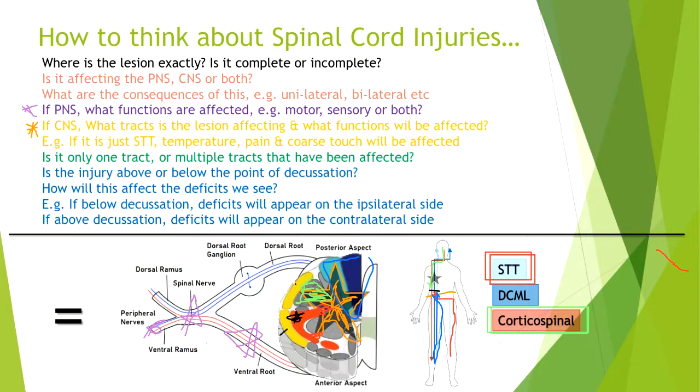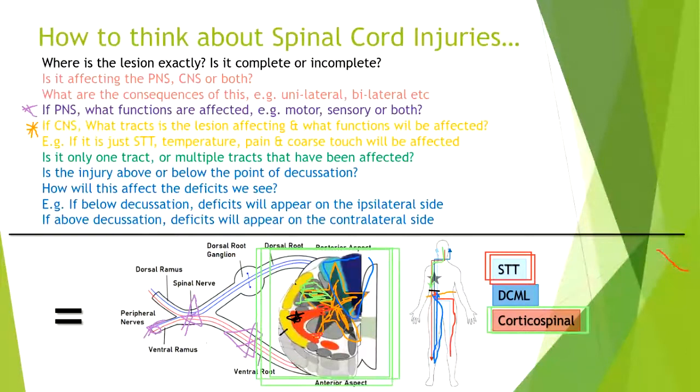So you're always going to need to know where these tracts cross the midline because you might not always have these diagrams to help you. So practice drawing them and practice your summary tables as well so that you know what each of these tracts carries and where it crosses the midline. The cross section, so that's this over here, this cross-sectional information, I don't think you will need to know that for your mid-tri exam.